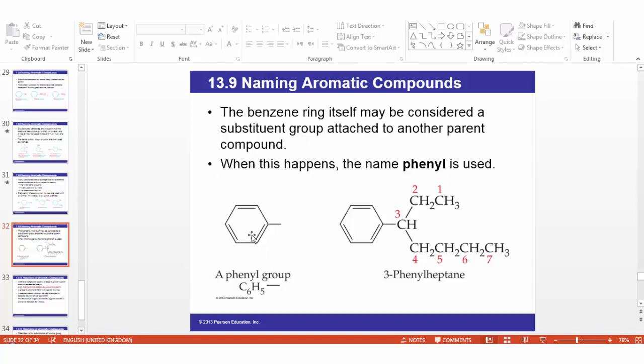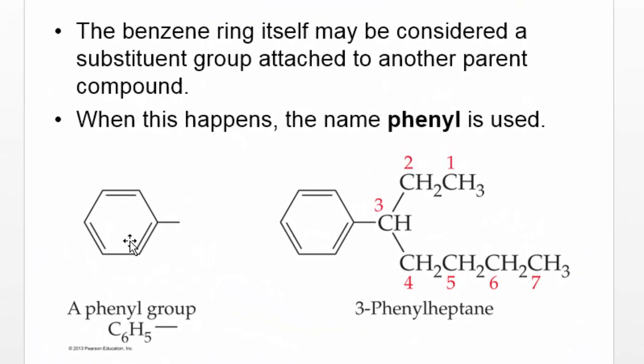Naming aromatic compounds, again, the benzene ring itself may be considered a substituent group attached to another parent compound. As we said, the formula for benzene is C6H6. But if we replace one hydrogen with anything, for example this attached to this, now this becomes a phenyl group. Now in this compound, the benzene is a substituent or a branch.